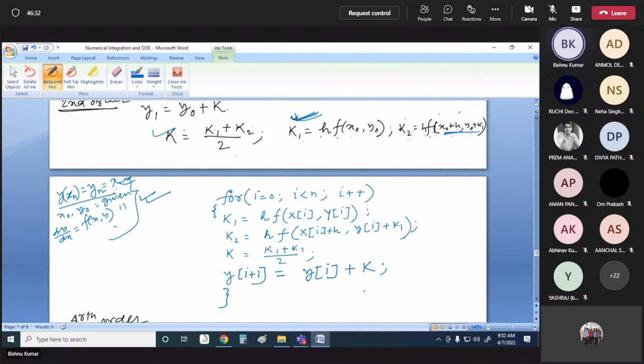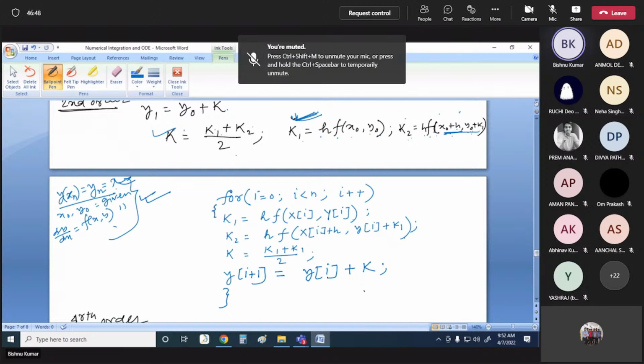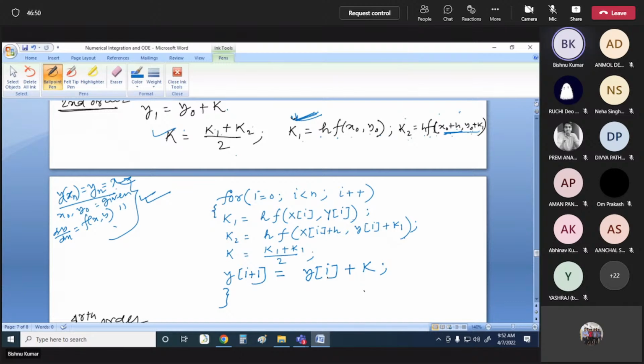Now, if it is fourth order, then it will be the average of 4k. And that average is not a simple average. It is the weighted average. Meaning those 4k have different weights. So using the sum of the weights, you have to divide and it will become the weighted average.